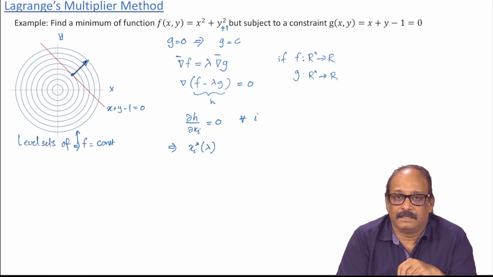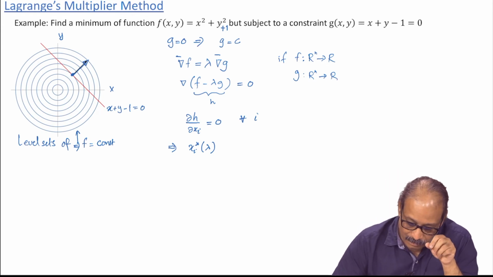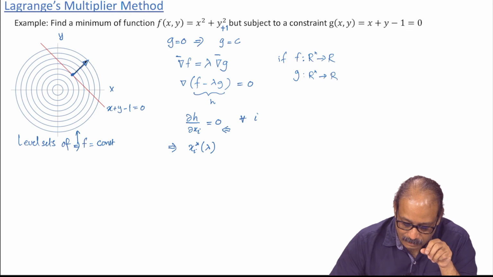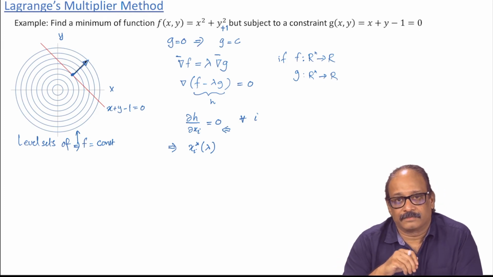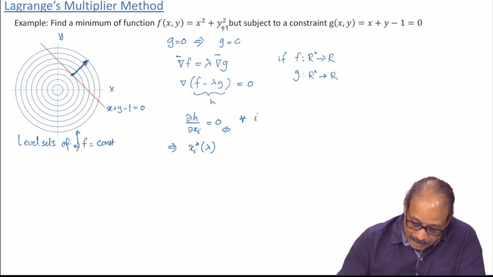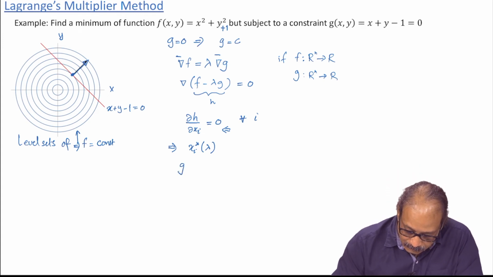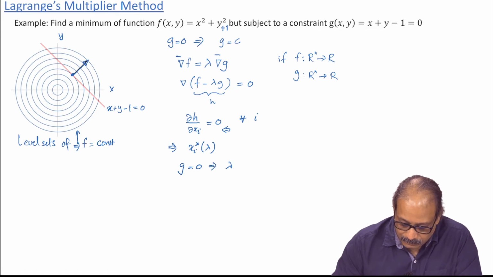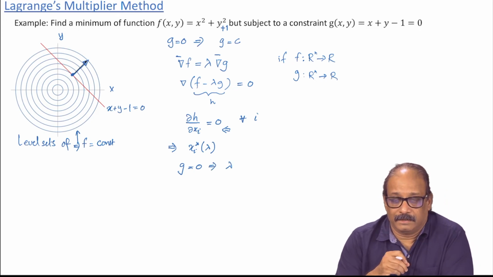Okay. So, basically you obtain xi star where all the partial derivatives are 0, but the xi stars would be in terms of lambda. And how do I determine lambda? Go back to G is equal to 0. This will give you the value of lambda finally.